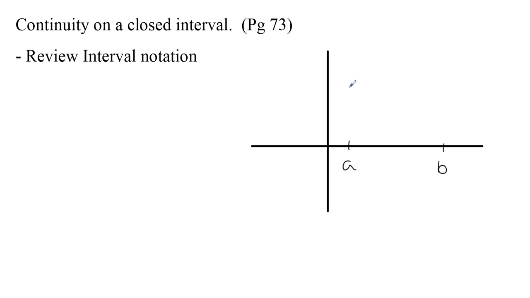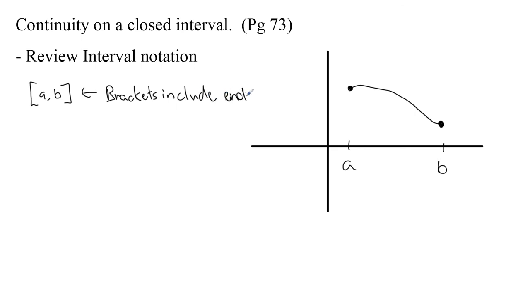So interval notation. Let's say I have a function here, and I want to go to here. All right. So the interval for A to B in this particular case is A to B. So brackets include endpoints.